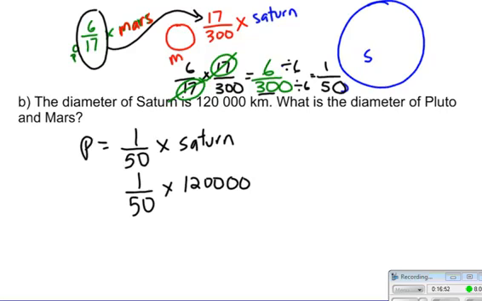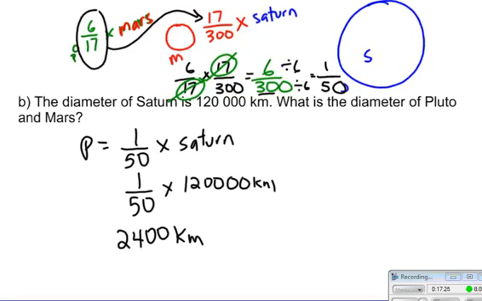Okay, so in your calculator, you're going to type 1 divided by 50 times 120,000. And we get 2,400 kilometers. Oops, I left kilometers over there. So the diameter of Pluto is 2,400 kilometers.